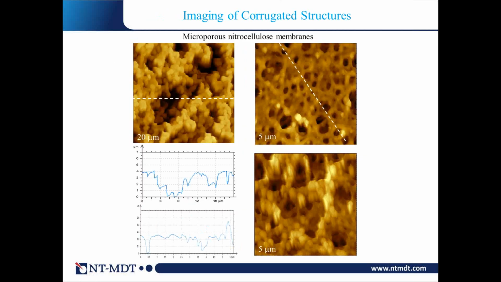Here, this is extreme. For example, looking at a microporous nitrocellulose membrane of one type, where the holes on this structure make the elevations and the depressions very high. This is 4 micron.